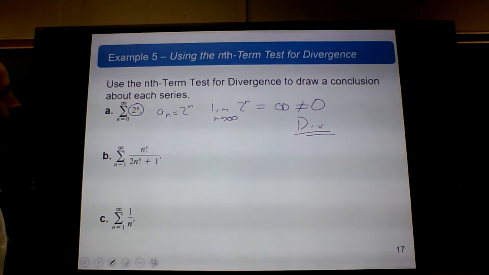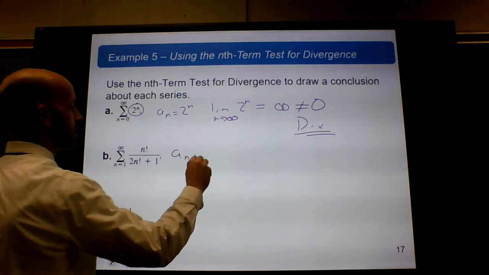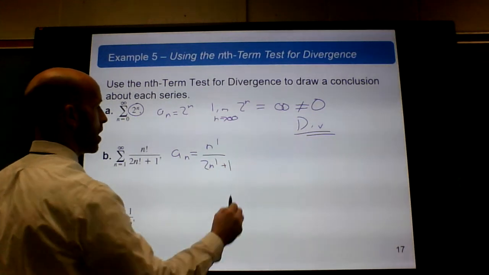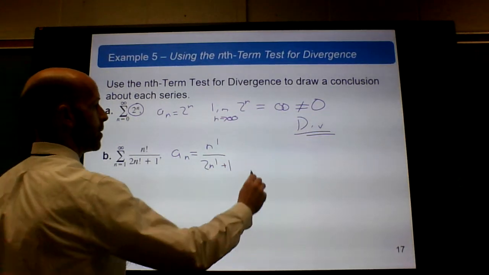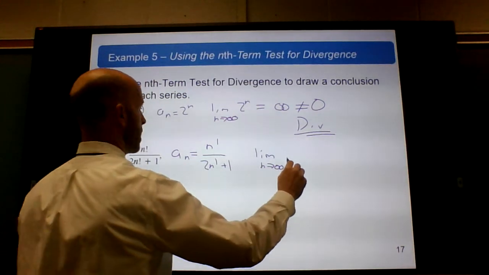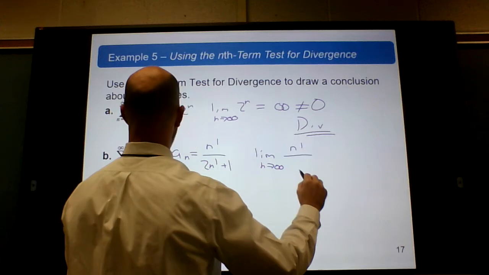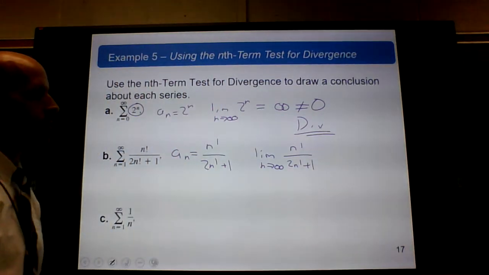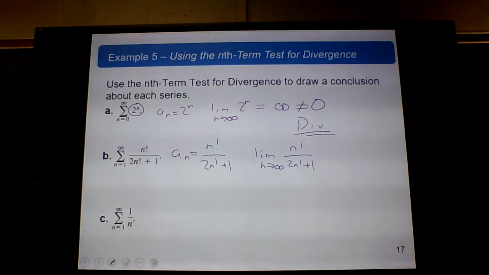Let's look at B. So a sub n here is n factorial over 2n factorial plus 1. Well, let's go ahead and use our formula here. So n goes to infinity, the limit of n factorial over 2n factorial plus 1. And we're going to have to play a little bit of a game.